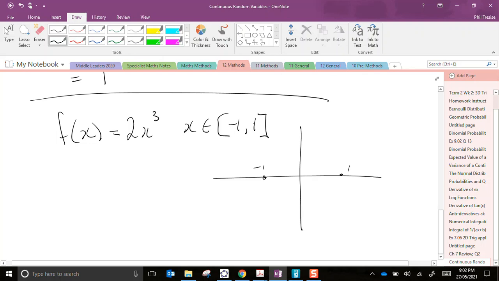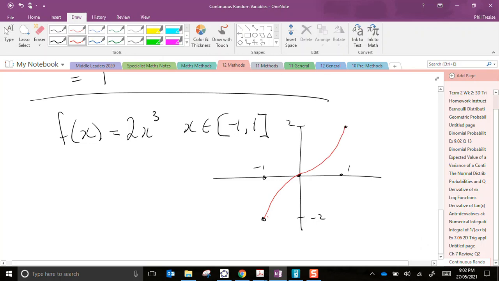Negative 1 cubed is negative 1 multiplied by 2. That would be negative 2. I think we're in trouble already because the function is negative. If x was 0, 0 cubed is nothing. And if x were 1, 1 cubed is 1 times 2 would be up here at 2. I think this function, being a cubic, would be a curved function like this.